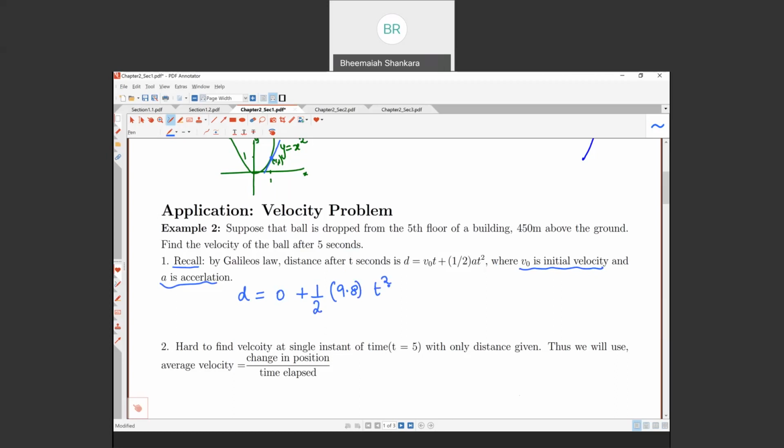To start with, the initial velocity v sub 0 will be 0. And then you simplify, you have 4.9 t square. So you have distance, which is a function of time, so it's d of t equals 4.9 t square.